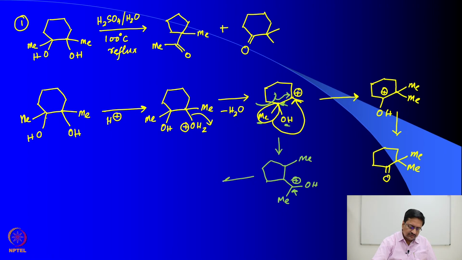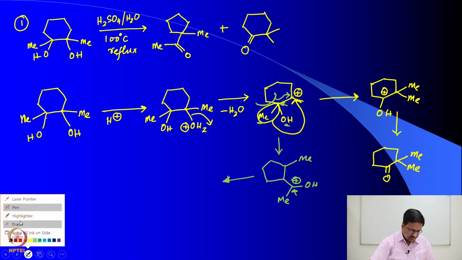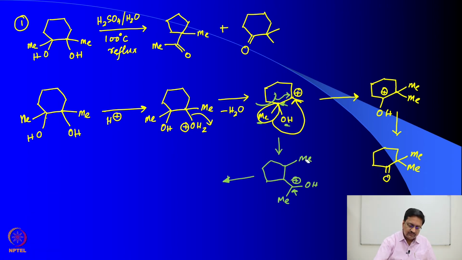So, a following deprotonation step from this carbocation will lead to, sorry, I made a mistake here. This methyl group should come at this position, because the bond moves there and both the groups are hanging from the same carbon atom. So, methyl there and C double bond O Me there gives you the first product.